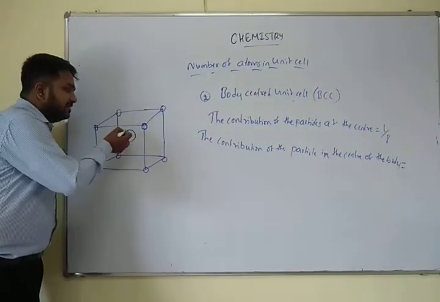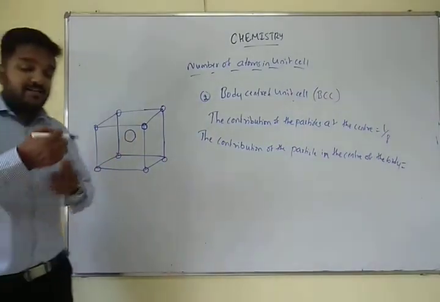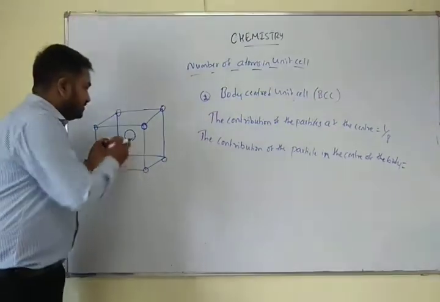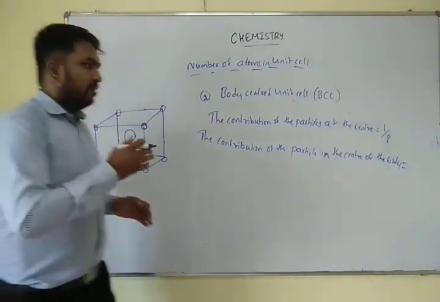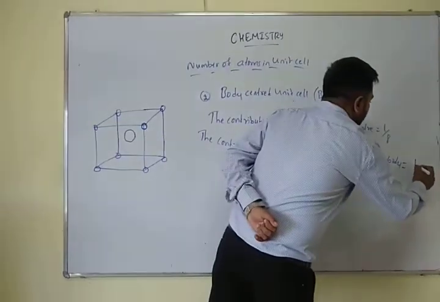It is because this atom is located in the center of the unit cell, so this atom will not at all be shared by any other unit cell. So the contribution of the particle will be a complete 1.